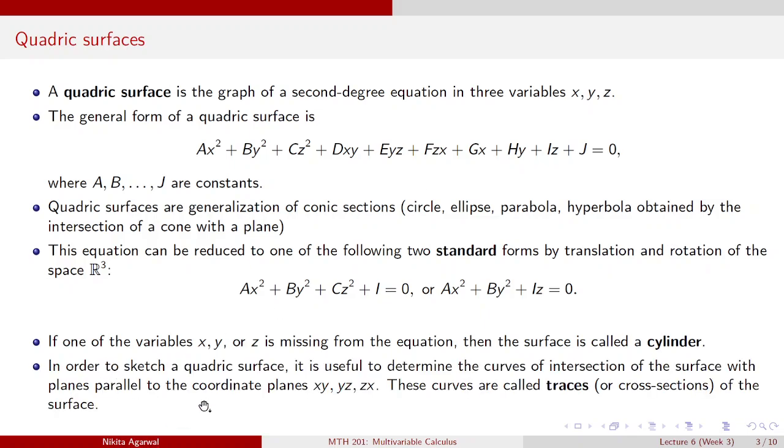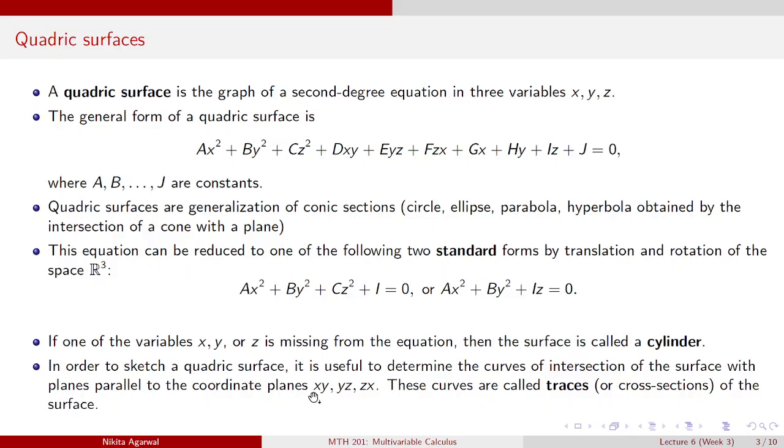Now, this is a method that can be used to sketch a quadric surface. In order to sketch a quadric surface, it is useful to determine the curves of intersection of the surface with planes parallel to the coordinate planes xy, yz and zx.